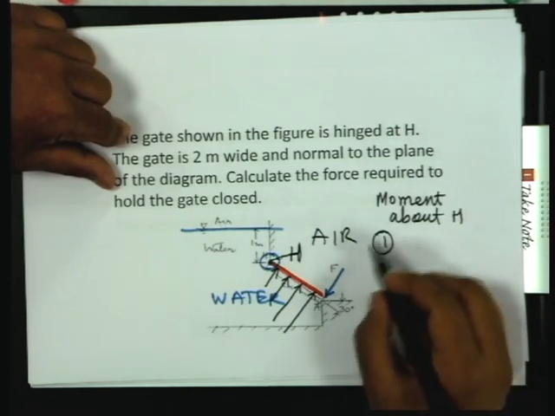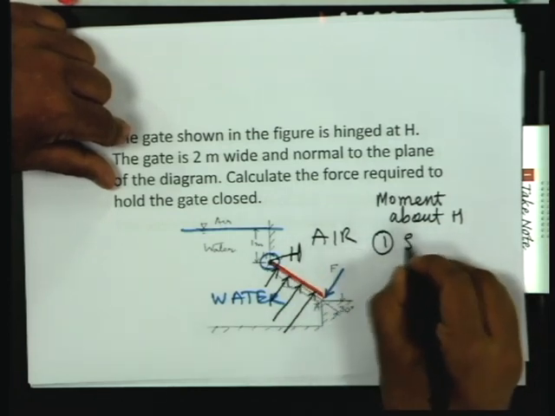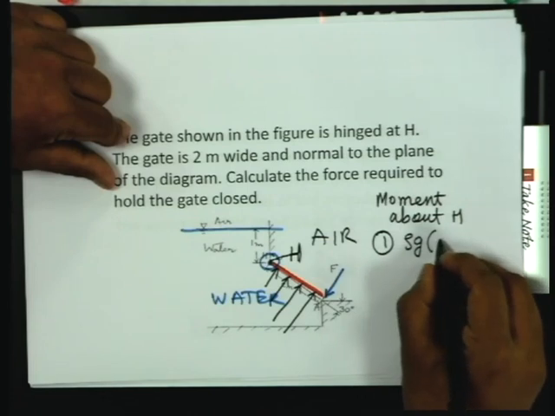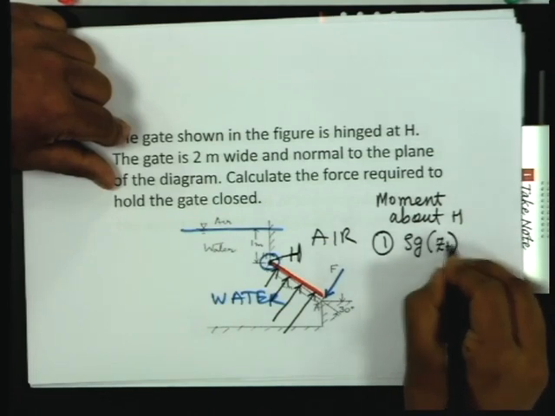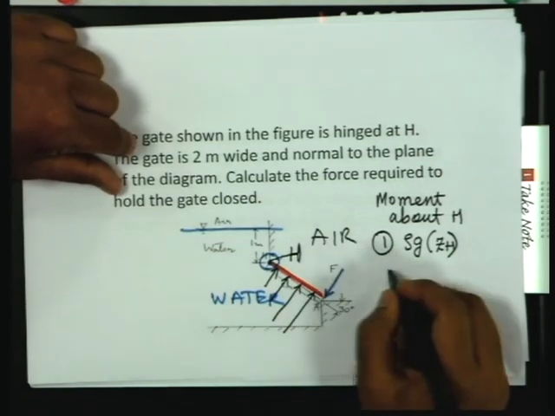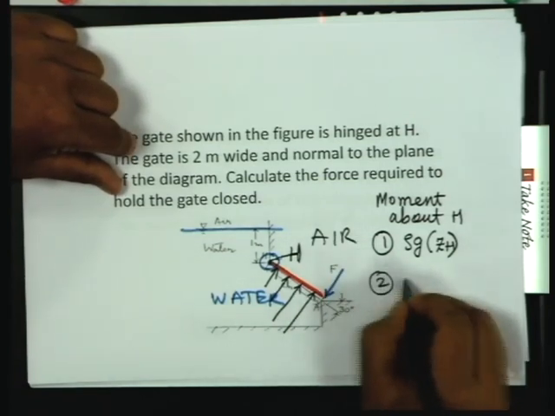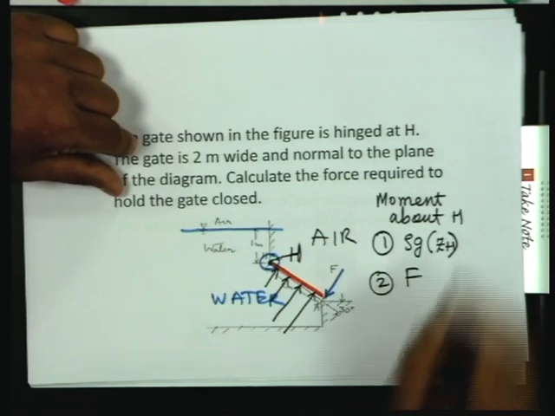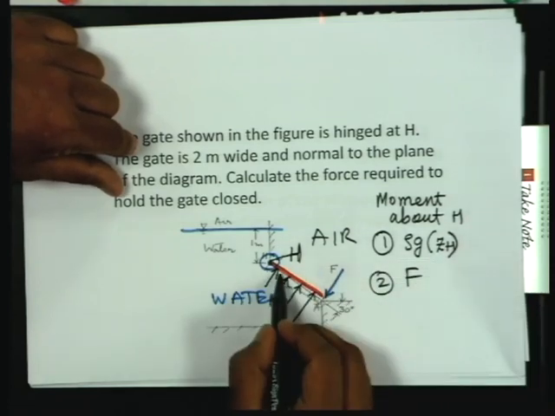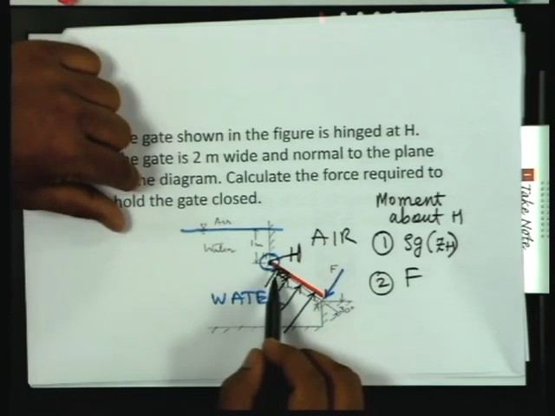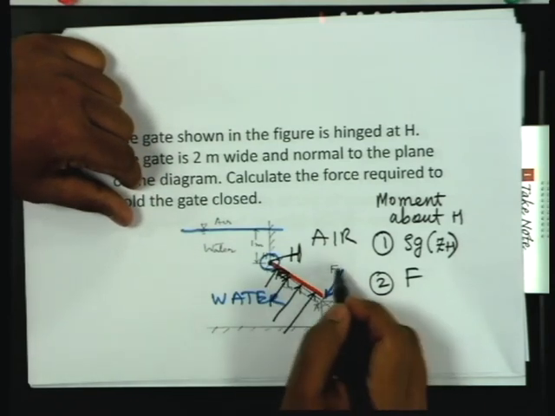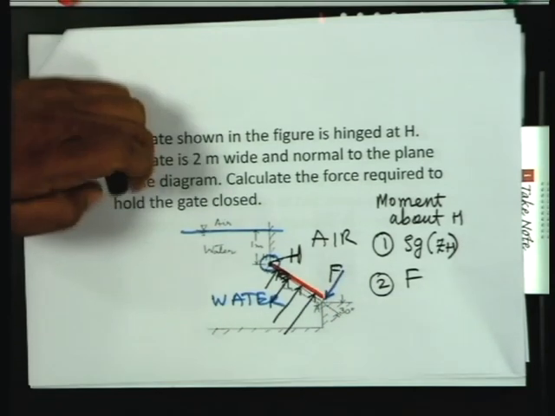The first is due to the pressure forces, and the second contribution will be from the force F. So, you have to find out how much force acts on a differential element. Based on that, if you do a moment balance, you will be able to find out the magnitude of the force F.